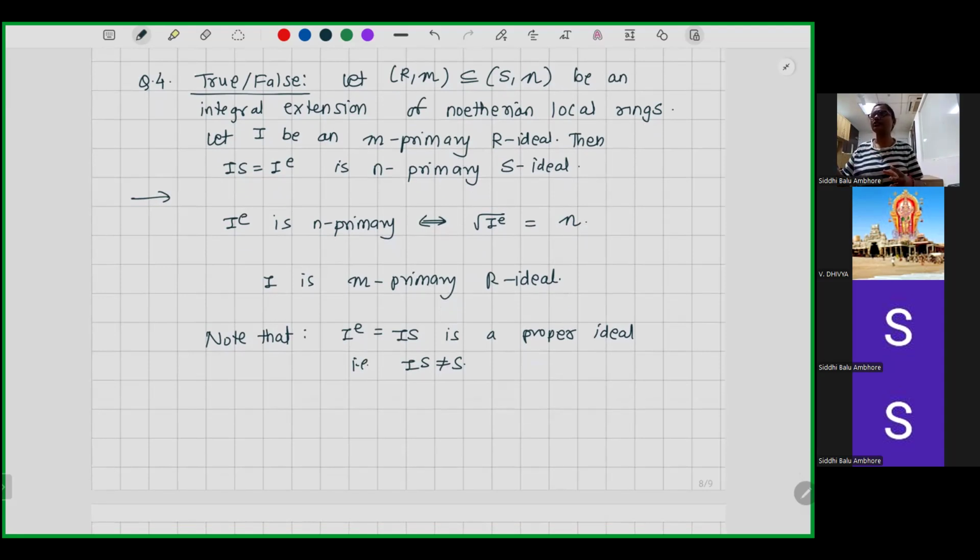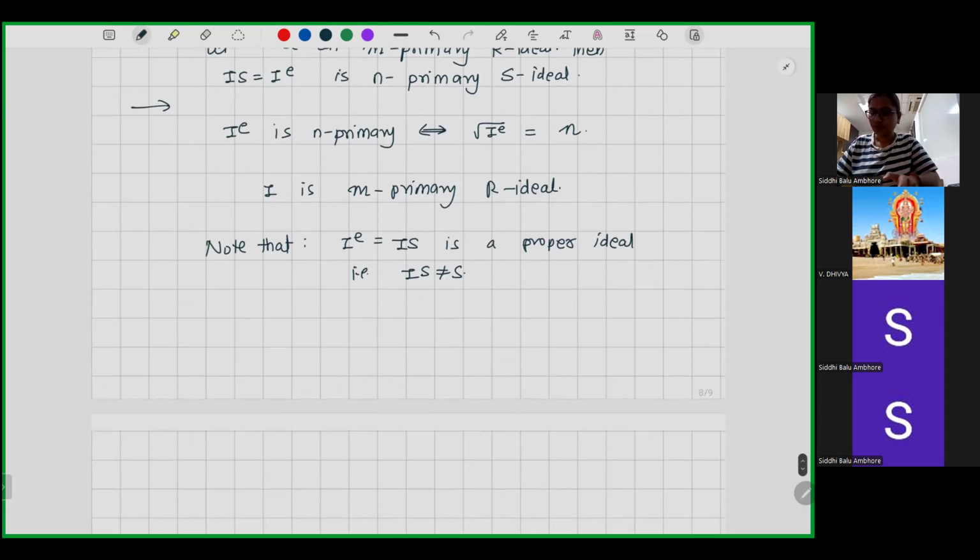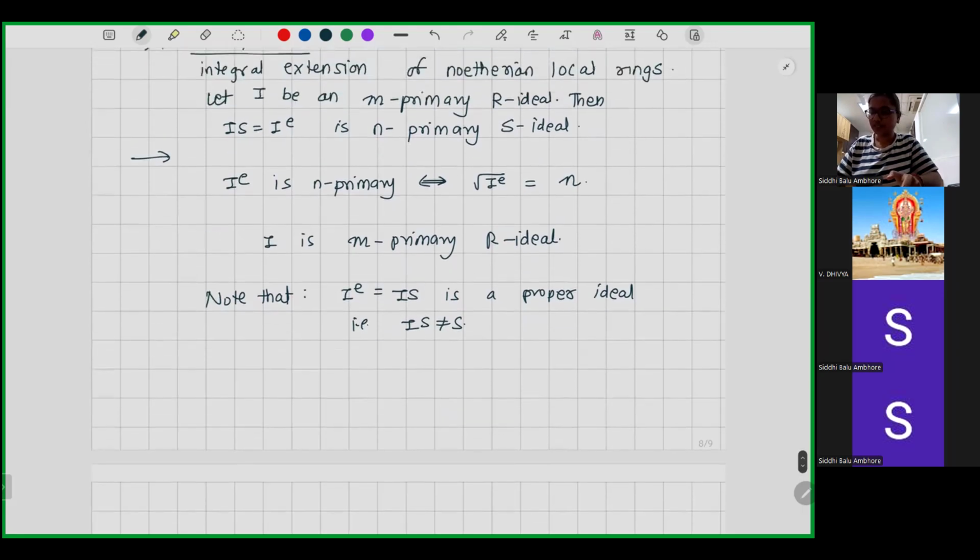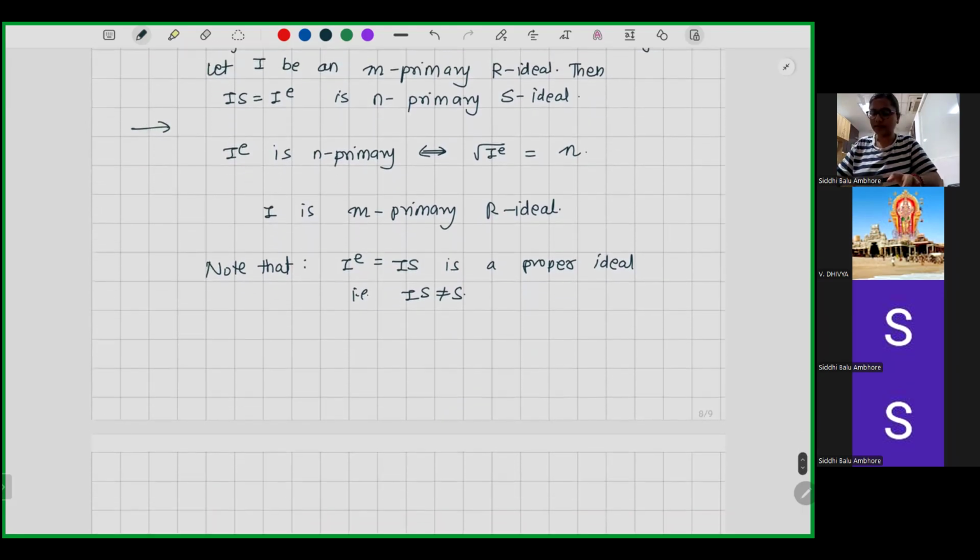When I take the extension, I take the ideal generated by the image of I in S, and I'm saying that this is not the whole ring S. Can we say that? We need to actually show this, otherwise we can't proceed with saying that it is n-primary and so on.